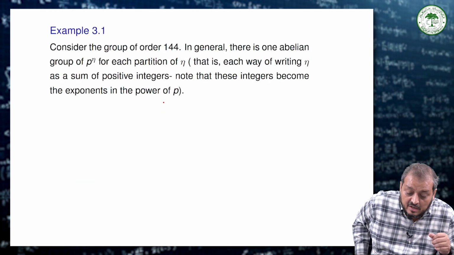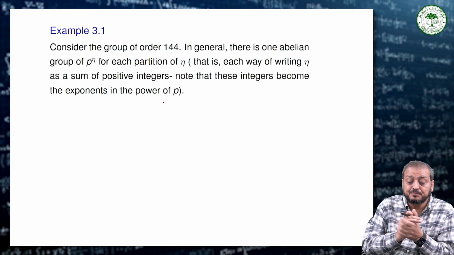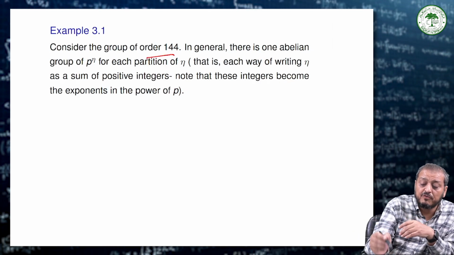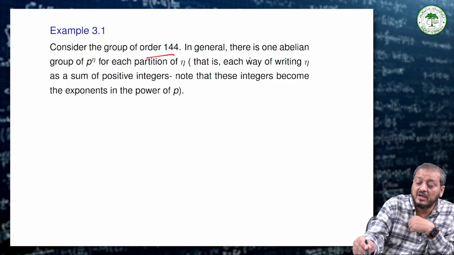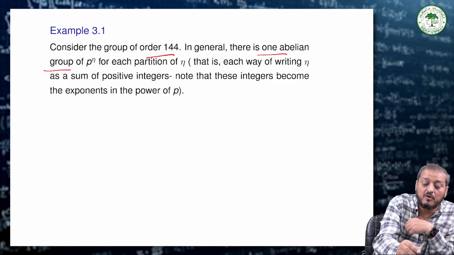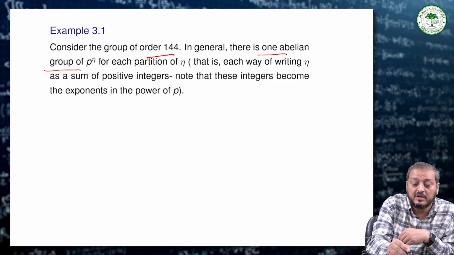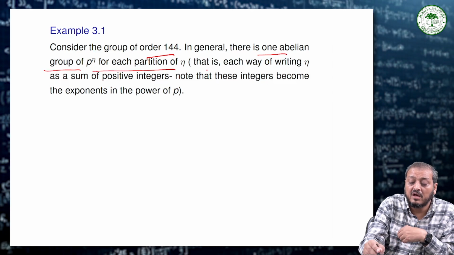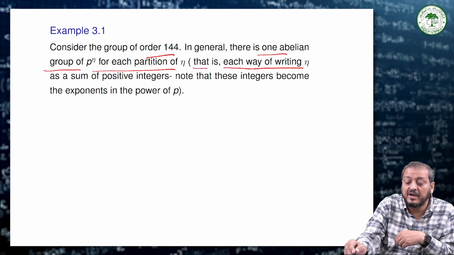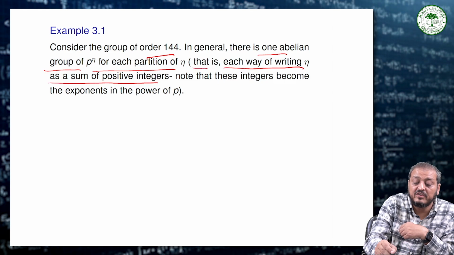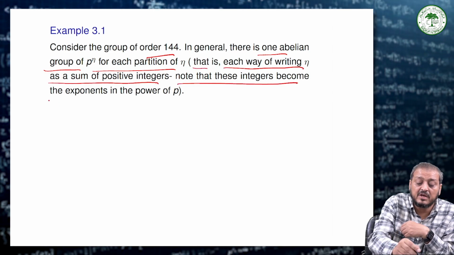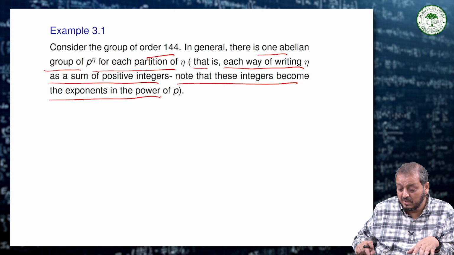So consider for example a group of order 144. In general, there is one abelian group of order p to the power n for each partition of n, that is, each way of writing n as a sum of positive integers, where these integers become the exponent powers of p.